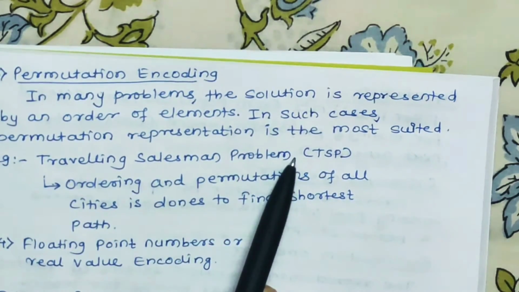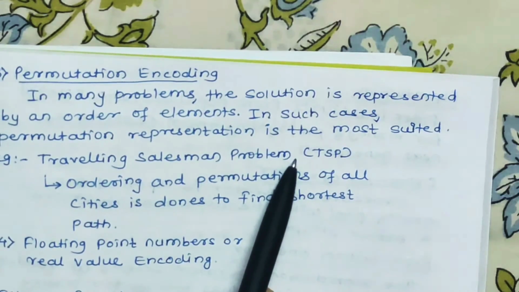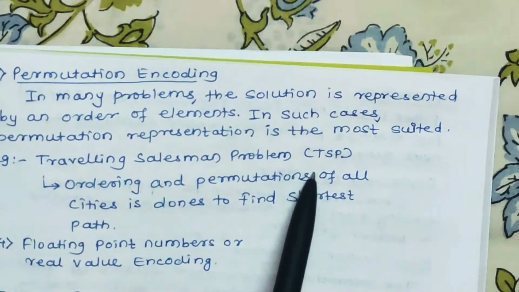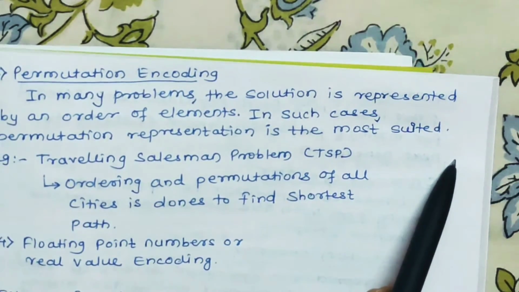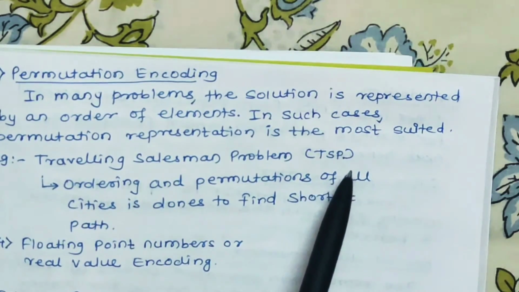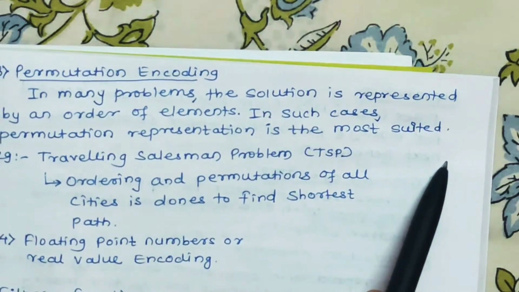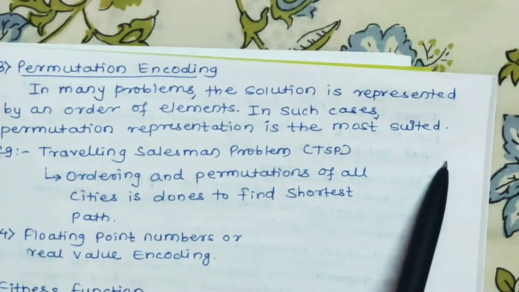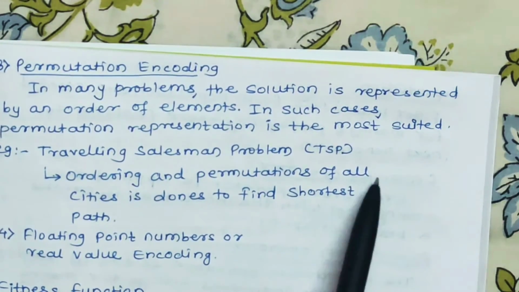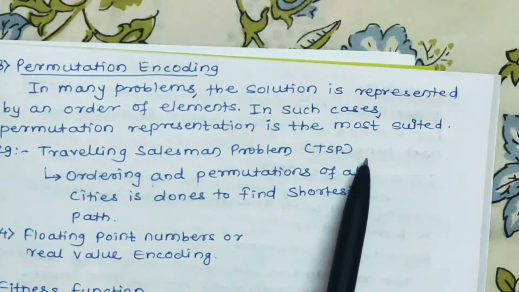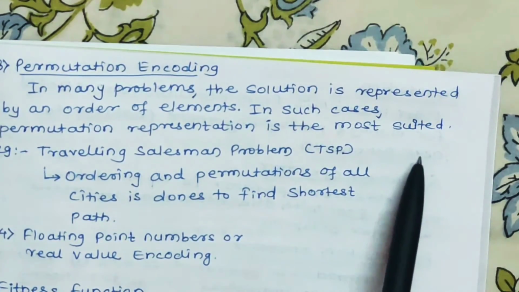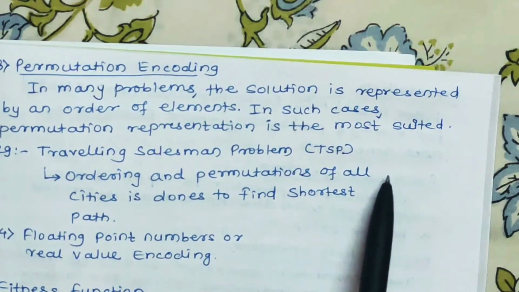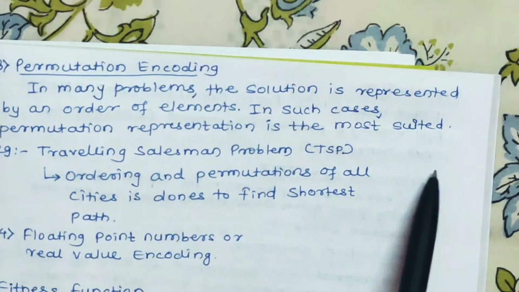In the traveling salesman problem, you are given the start point and the end point, and the salesperson has to reach the destination to deliver the packet. There are multiple paths available, and he has to select the shortest path. So there are multiple routes available, and the problem is to find the shortest path from the available paths.